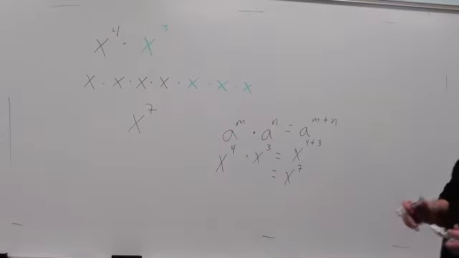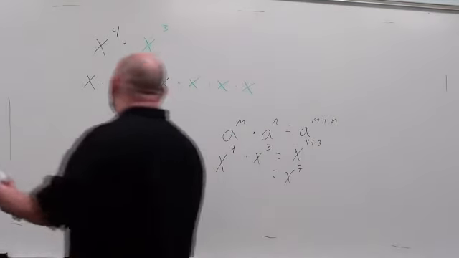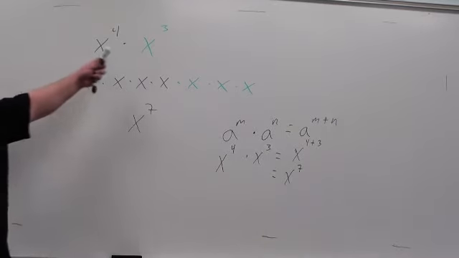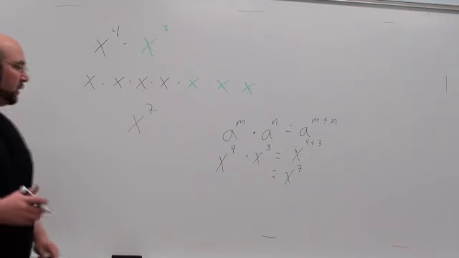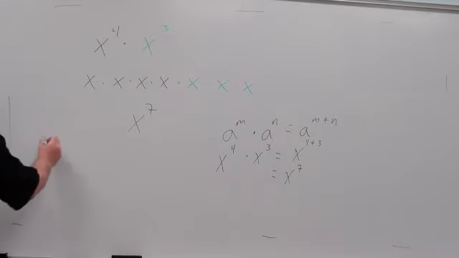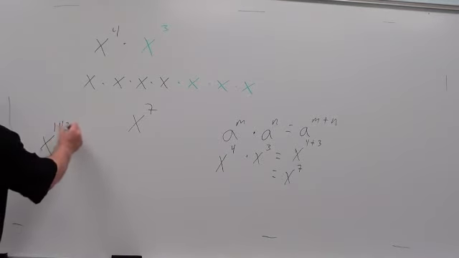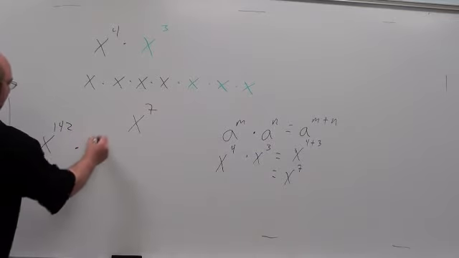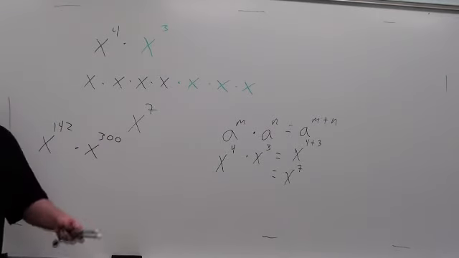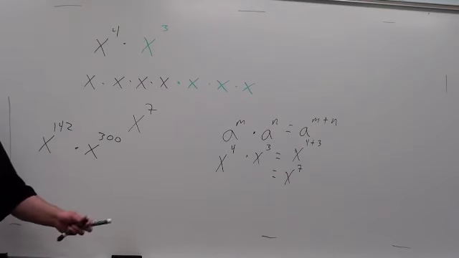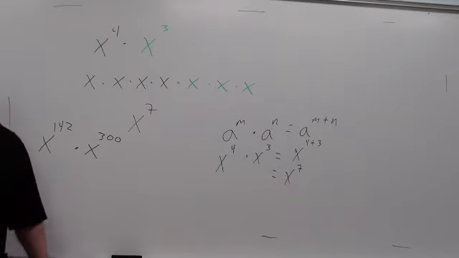The reason this works is that we're taking our same bases and writing them all out. It would be really silly if you had x to the 142 times x to the 300. You're not going to write x 142 times, or x 300 times, and then count them all up. That would waste your time.